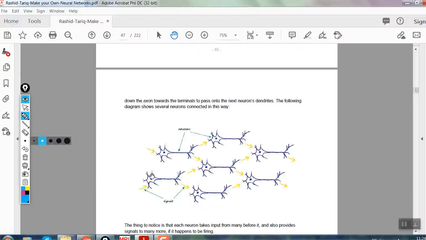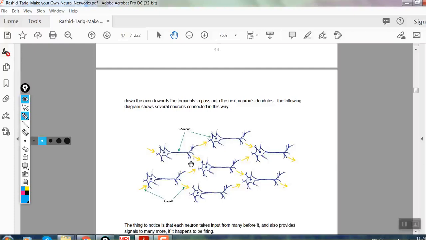Now in this diagram we can see that if we have signals, for example on the left, which you can see in the yellow arrows, they pass through the dendrite, then the axon, then the terminals.